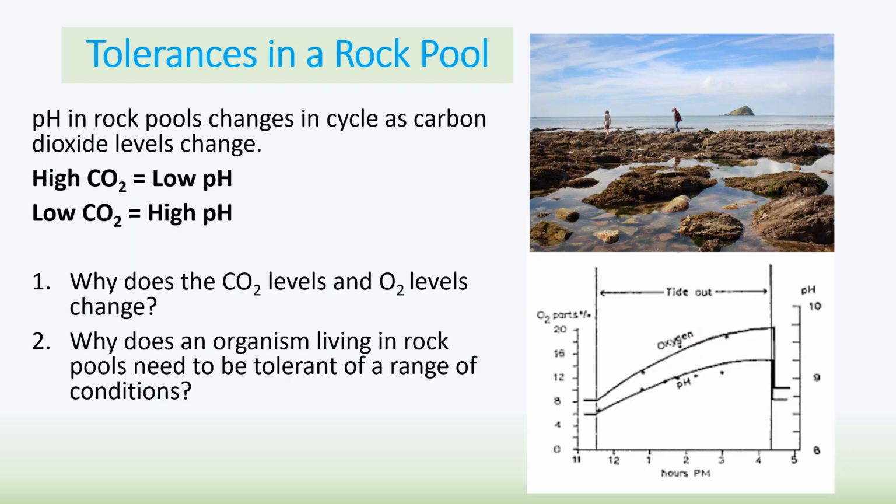One area which there isn't a massive amount of information on, but it is important, is rock pools. So rock pools have constantly changing abiotic conditions. And one thing that changes in a rock pool constantly as the tide goes in and out is the levels of carbon dioxide.